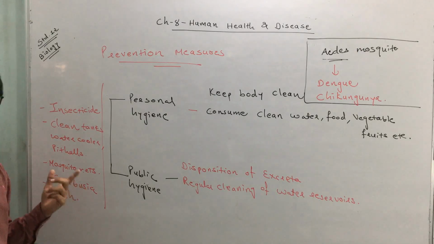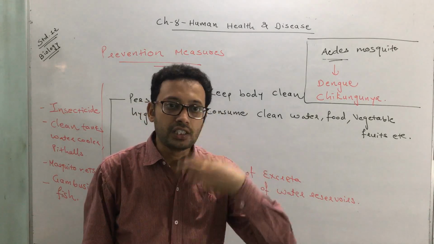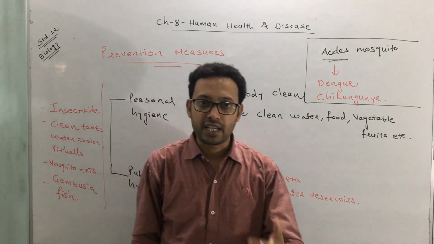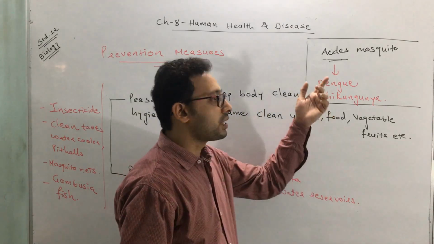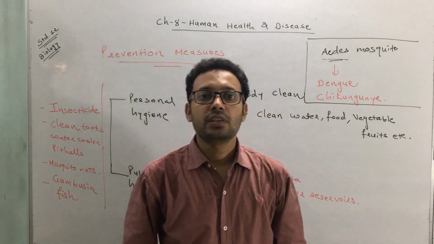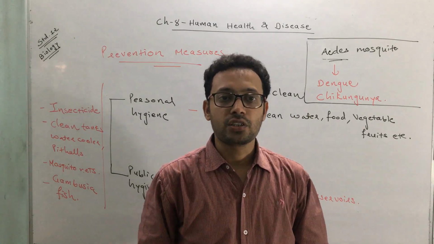You can also use the gambusia fish because it feeds on the larvae and eggs of mosquito, and the numbers are kept in control. Another mosquito which is causing disease is the Aedes mosquito. The Aedes mosquito is responsible for causing dengue and chikungunya.